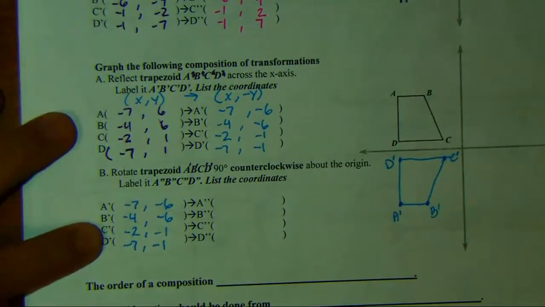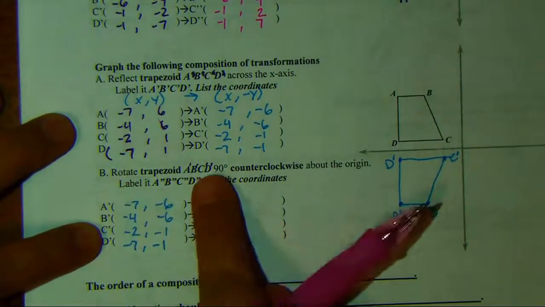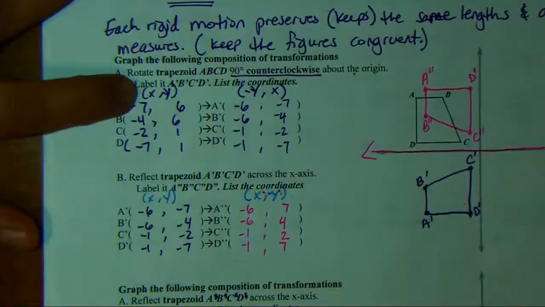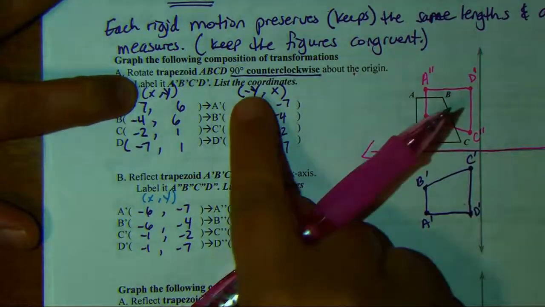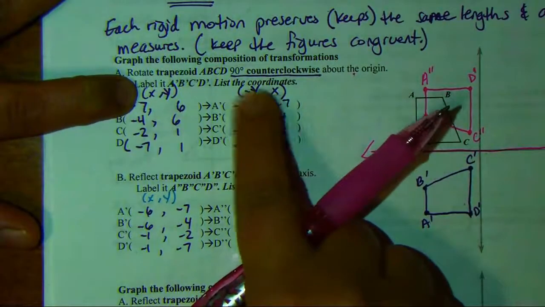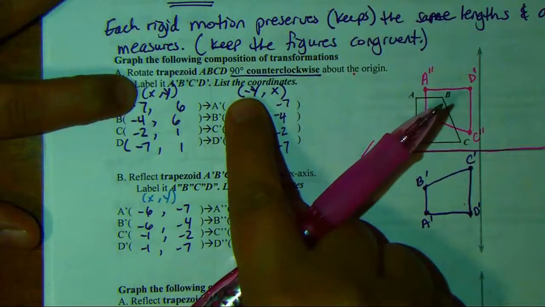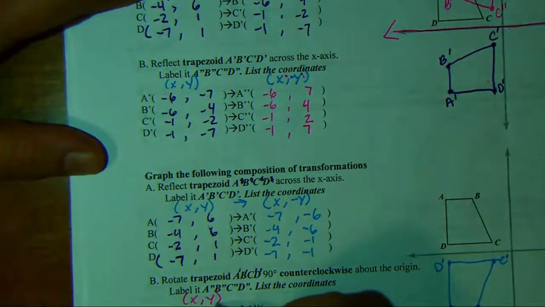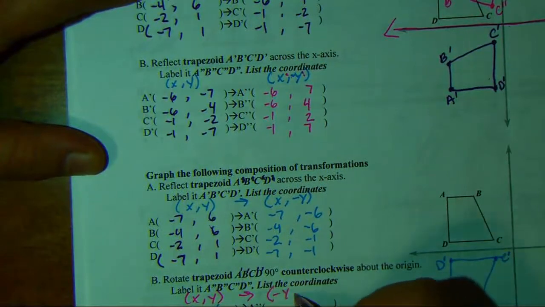But the rule for a rotation 90 degrees counterclockwise hasn't changed. It's still the same rule. Every point becomes a flip of my x and y and a changing of the sign. So every single one of my points is still (x, y) becomes (-y, x).